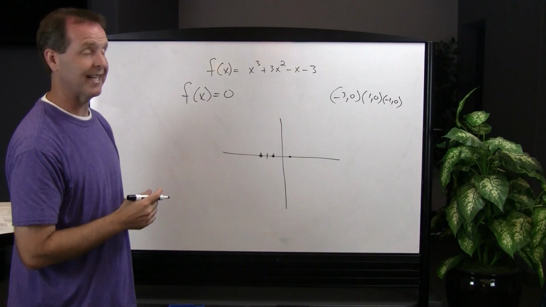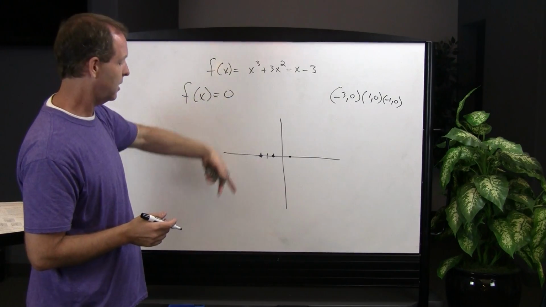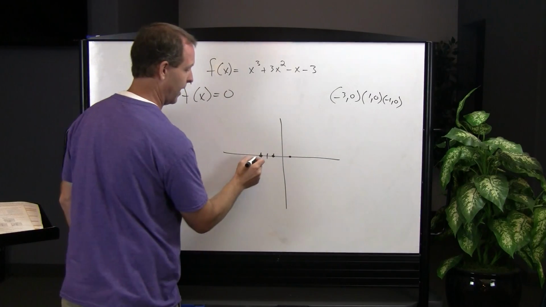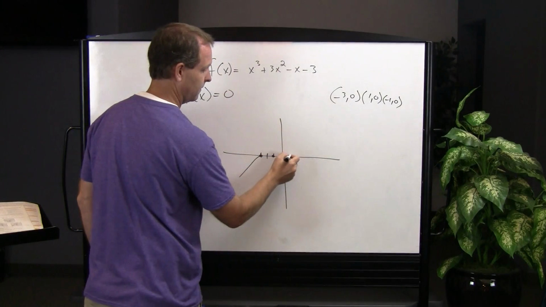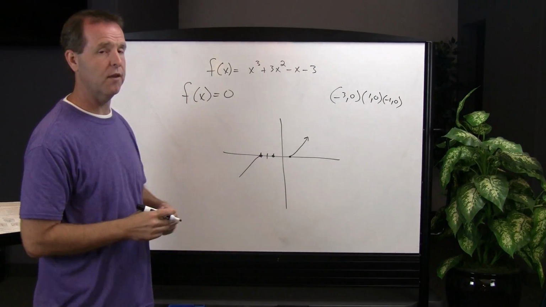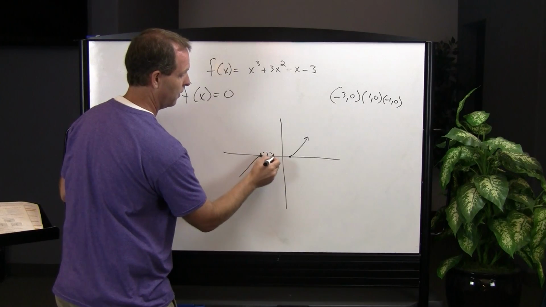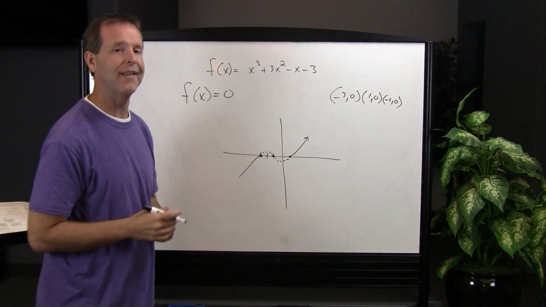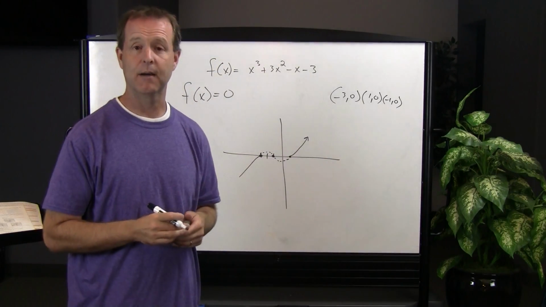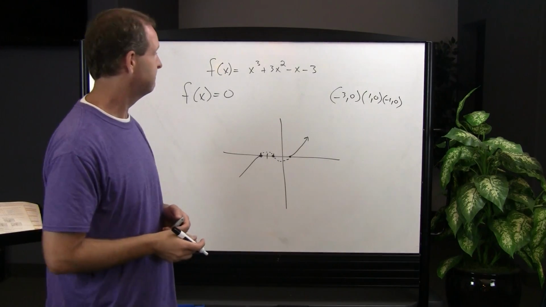And if I looked at its end behavior, I notice the first term is positive, so that tells me it falls to the left and rises to the right. And that it's an odd term, so that there's 2 wiggles in there. So I'll probably have a wiggle that looks like that. And that starts to help me fill in some of the gaps that I may not have known before. Kind of cool, isn't it?